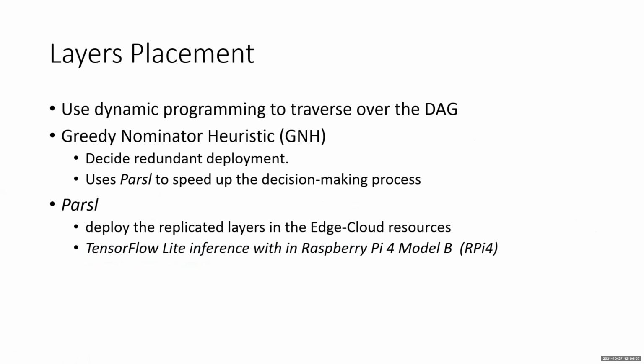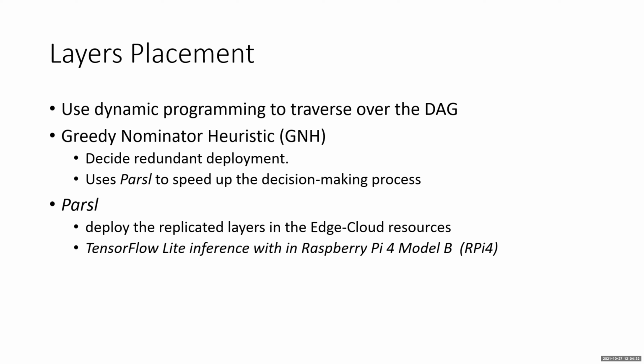The second phase is layer placement. We used dynamic programming to go through the DAG. Also, we have a greedy eliminator heuristic, which is a heuristic algorithm that we have developed, which relies on Parcel to speed up the decision-making process.